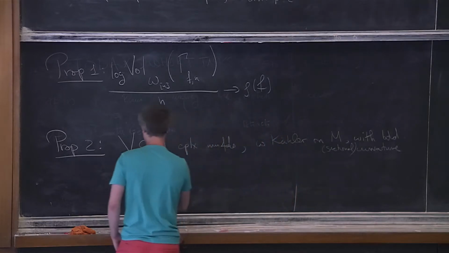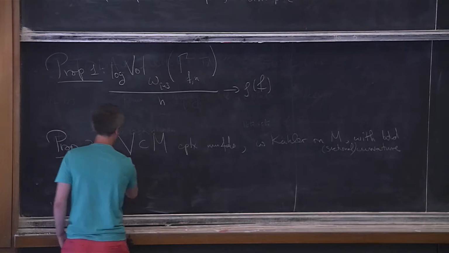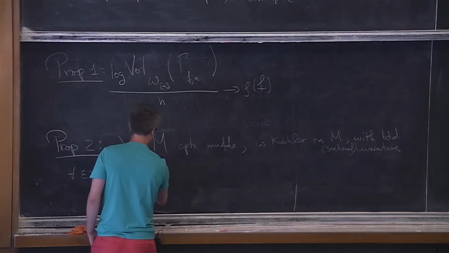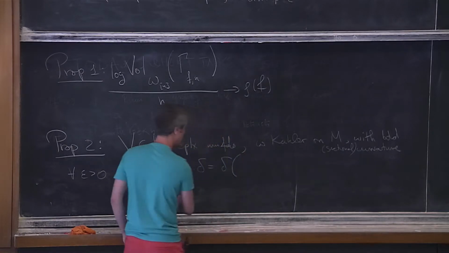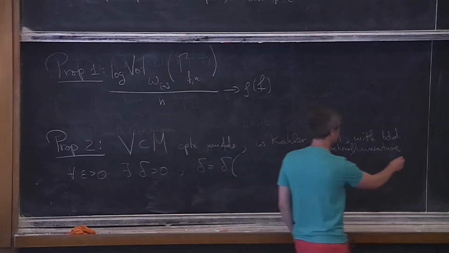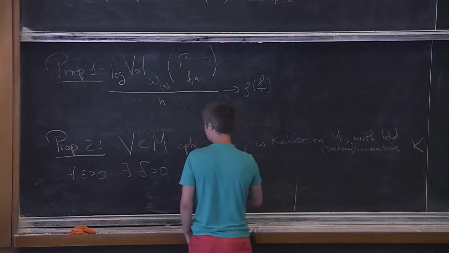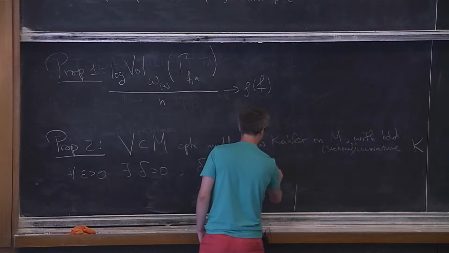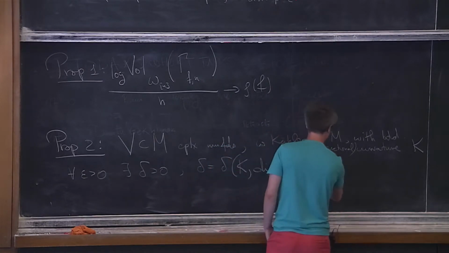And then for any epsilon bigger than 0, there exists a delta bigger than 0. And delta depends on the following parameters. Let me say the bound on the curvature is some k. It depends on k and the dimension of V, and of course epsilon, such that the following holds.